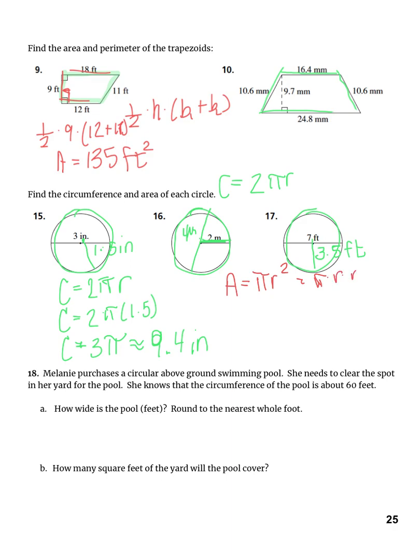In the case of our circle from number 15, we're going to do pi times the radius, which is 1.5 times 1.5. So that means our area is going to be 2.25 times pi.